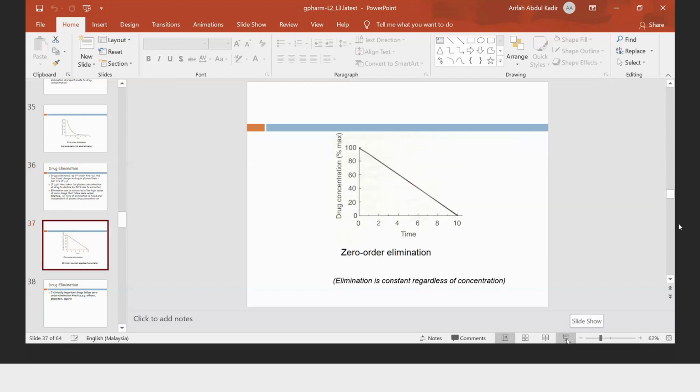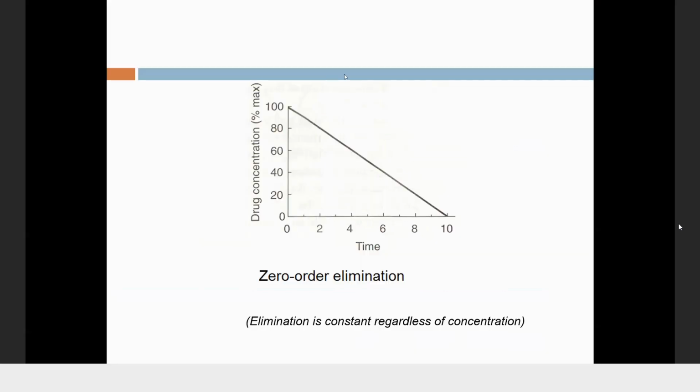Okay, thank you, doctor. So this is zero order elimination. Elimination is constant regardless of concentration. If you look at the graph, drug concentration in percentage, when it drops from 100 to 80%, it takes about 2 hours.